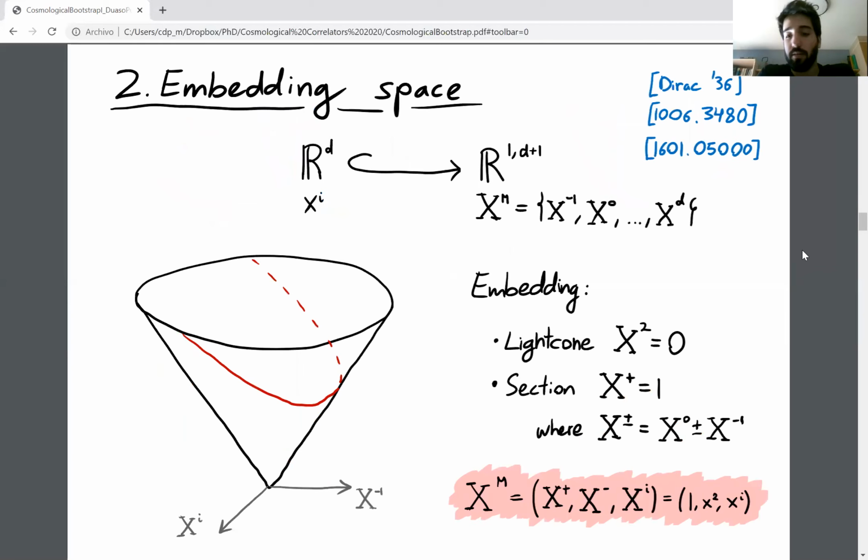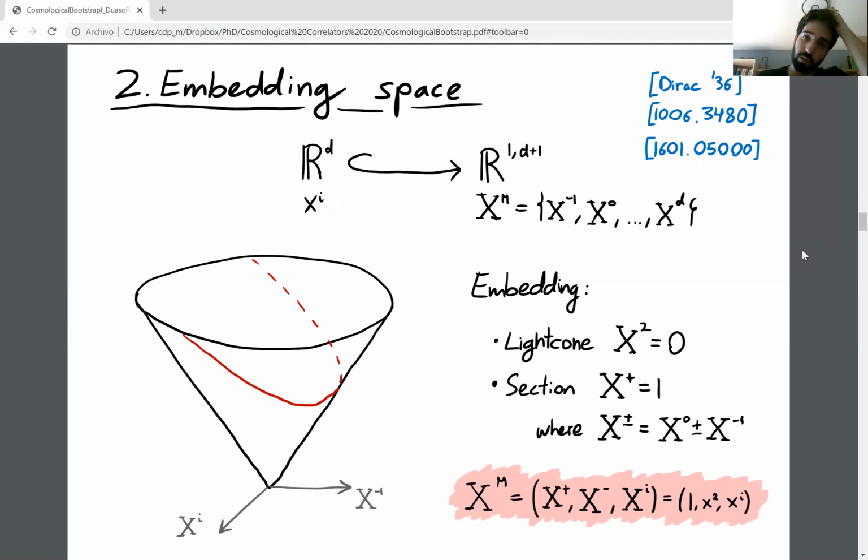So let's start by seeing how people work with these weight shifting operators in position space. How do they actually construct them? In order to do that, I first need to introduce the embedding space formalism.